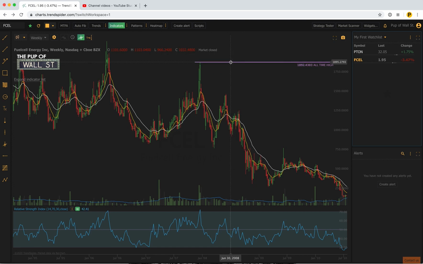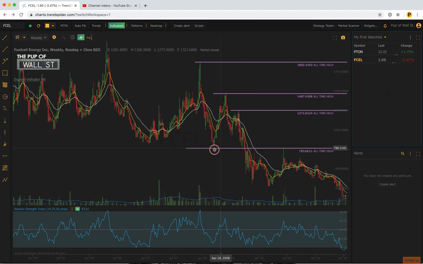So I'm going to use my shift and click drag method here. Pretty simple. And I don't know if you can see, but look at where price stopped here and then stopped here. Resisted, resisted, new resistance.